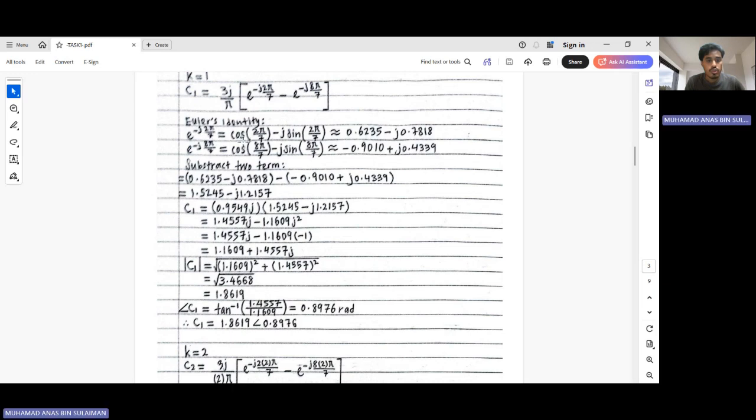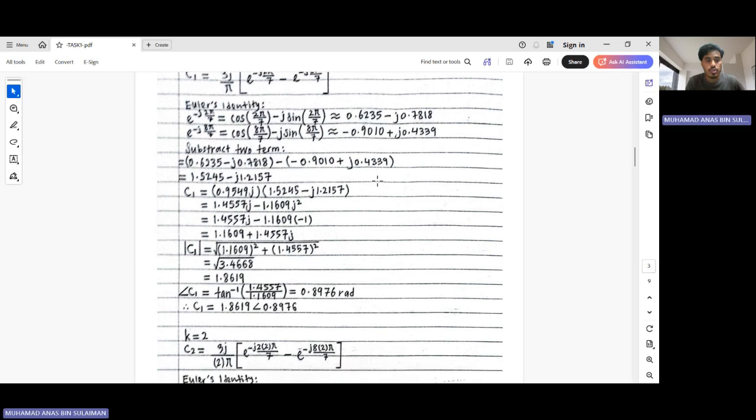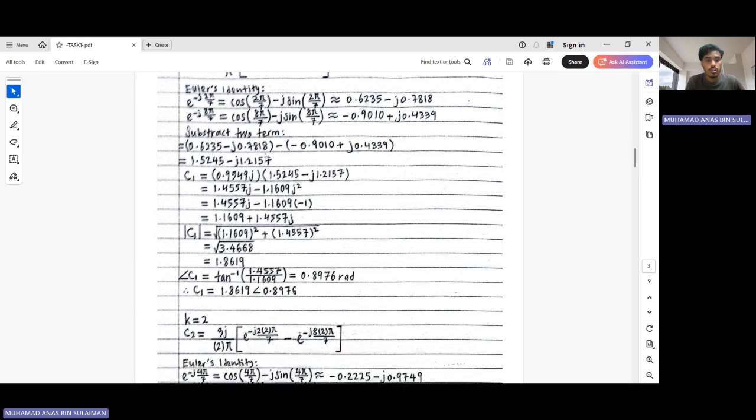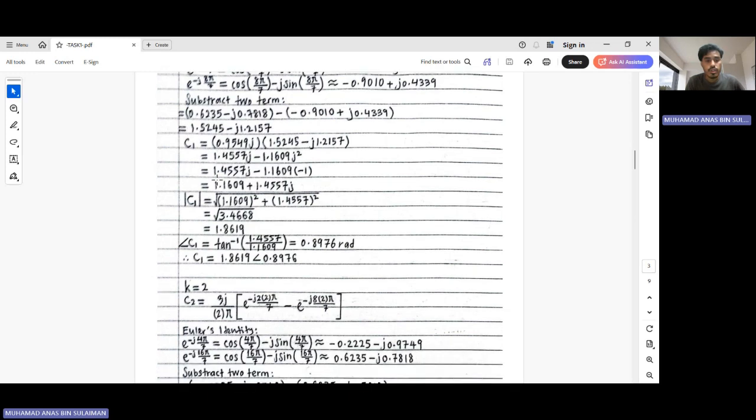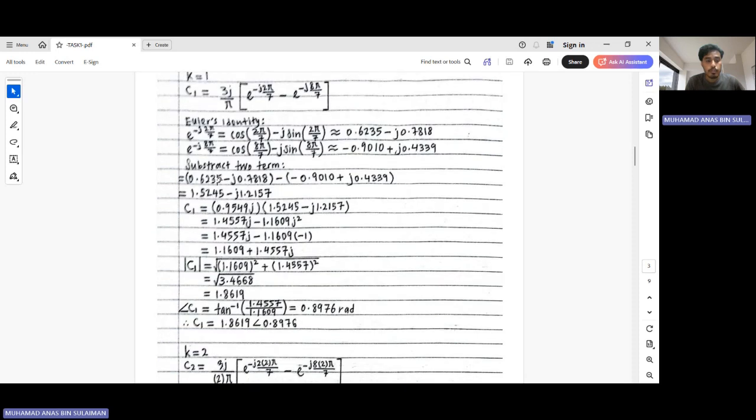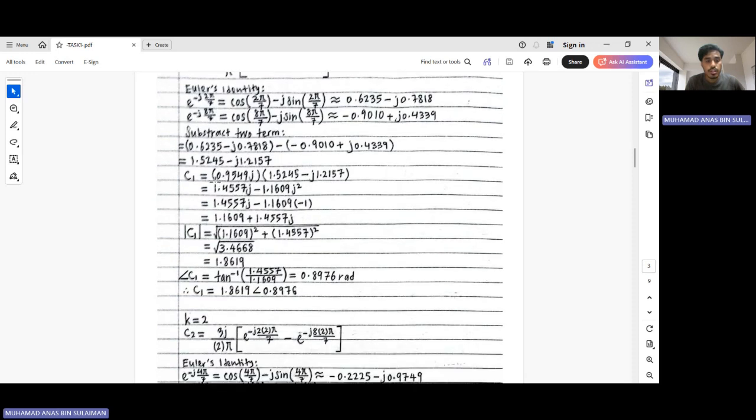We convert it to cos minus j sine for both terms and get the approximate value for both. Then we subtract the two terms to get one term. After that, we multiply with 3 over pi, which we calculate to the value of 0.9549 j.